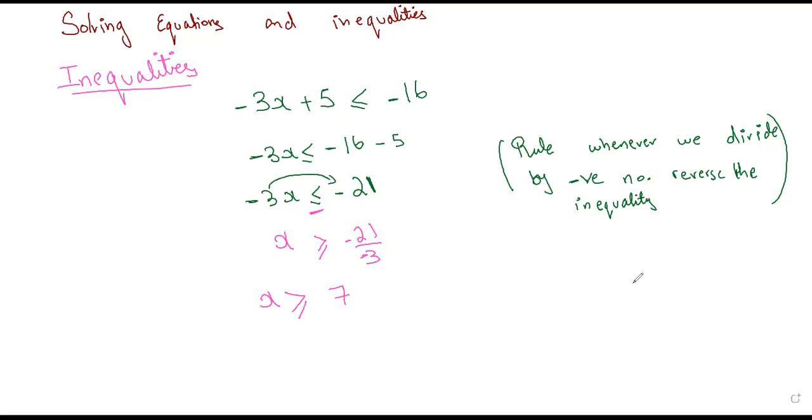Yes. So if I talk about the range, it would be that x is equal to 7 as well as greater than 7. So it could be 8, 9, 1000, 1 billion, anything but greater than or equal to 7. This was the first question. Let's talk about another question.